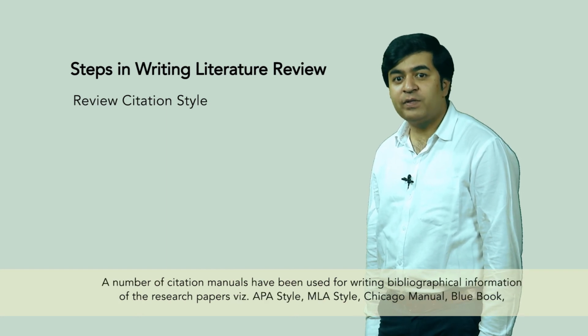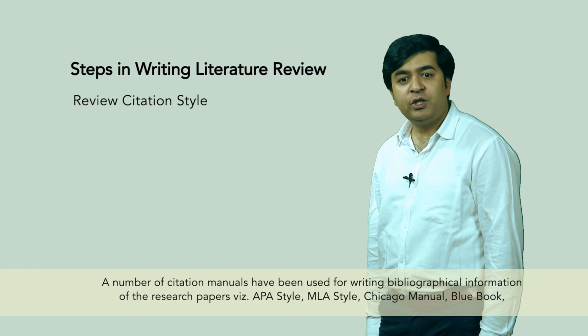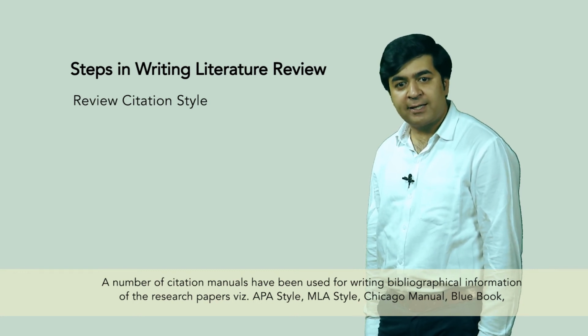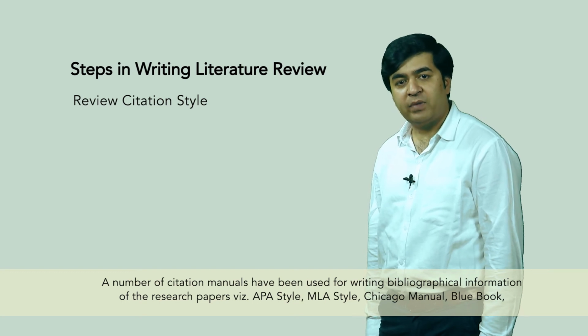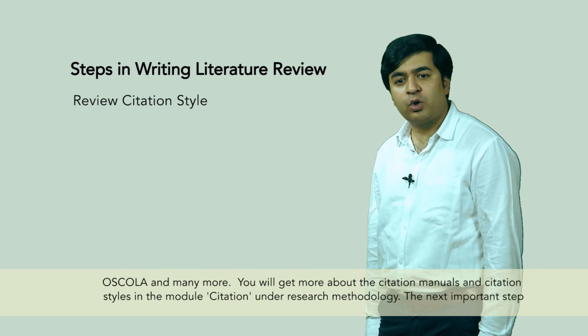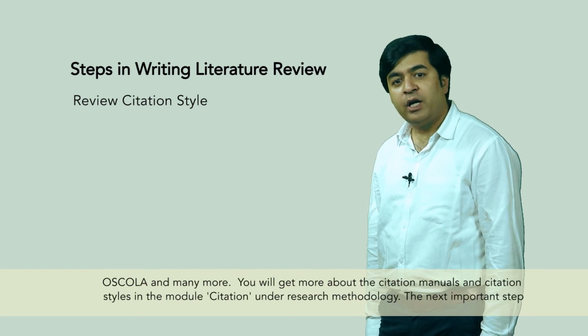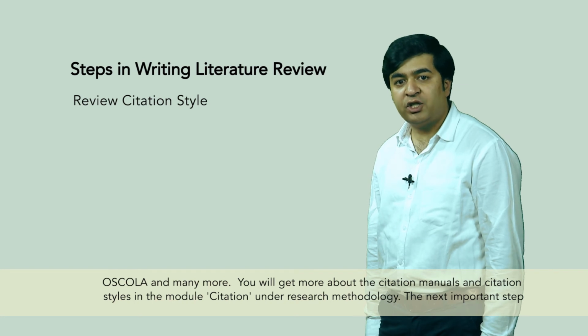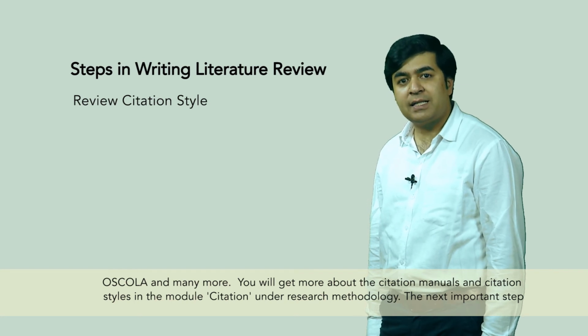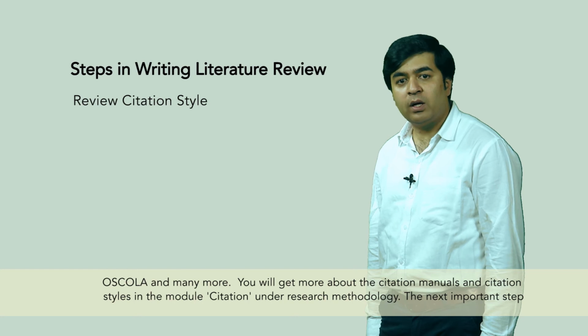A number of citation manuals have been used for writing bibliographical information of the research papers, for example, APA style, MLA style, Chicago Manual, Blue Book, OSCOLA, and many more. You will learn more about the citation manuals and citation style in the module on citation under research methodology.